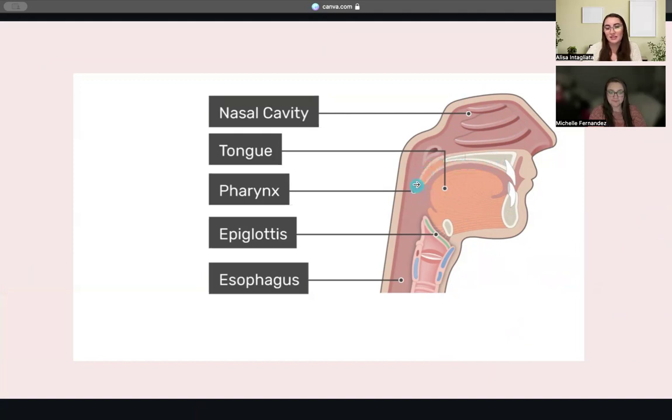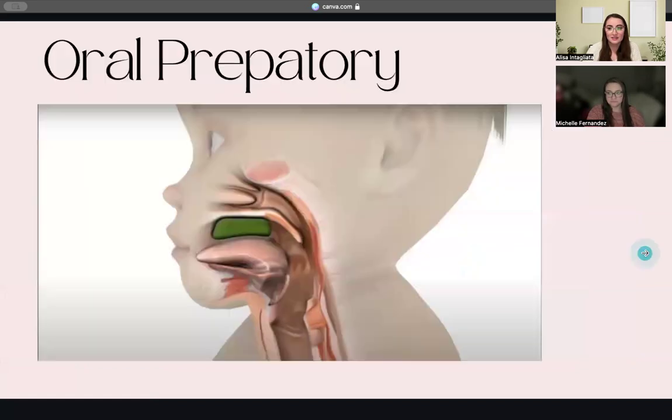And right behind our tongue is our pharynx, which lower down leads into our esophagus. And then here we have our epiglottis, our vocal folds, also known as our larynx, and then our trachea. All of these structures are involved in swallowing. Do you have any questions so far? Nope, not yet.